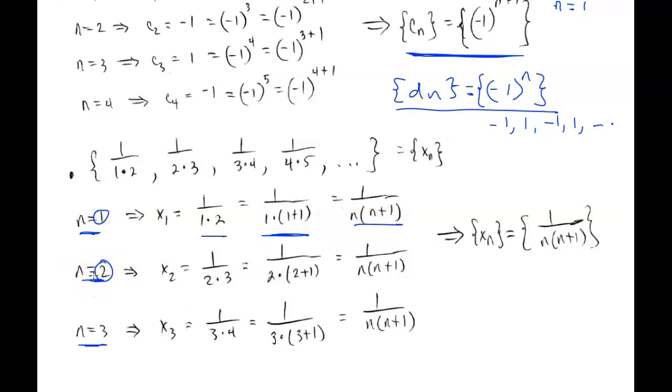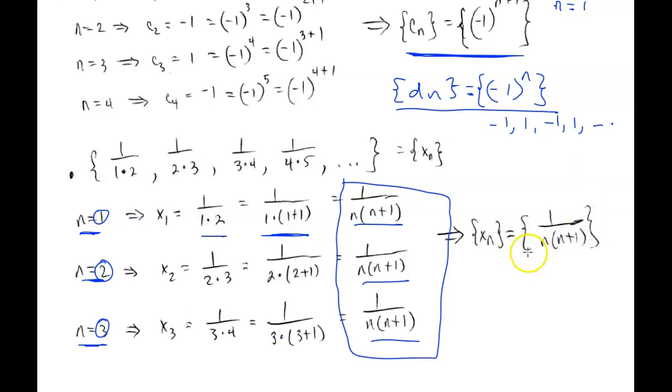Anywhere we see a 2, once we break it out, we replace it with n. Anywhere we see a 3, once we break it out, we replace it with n. We see that we get this common pattern here of 1 divided by the product of n and n plus 1. Okay. And so this would be the algebraic form of what this sequence of numbers would look like.